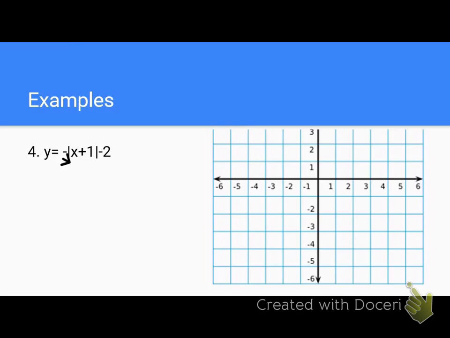So here I have a negative in front of my absolute value, so that tells me the a term is going to be a -1. Let's rewrite this whole function though. So we have y equals negative times the absolute value, and then instead of plus 1, remember we want this to be x minus a -1.